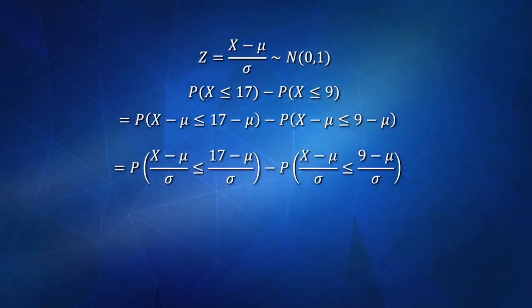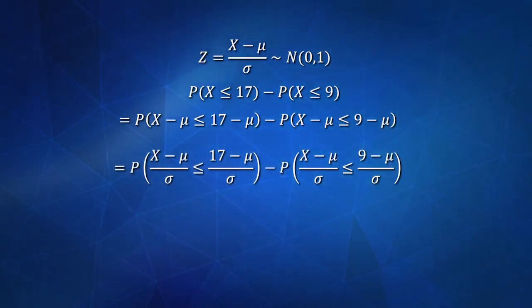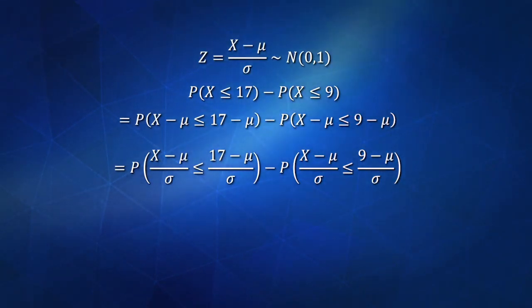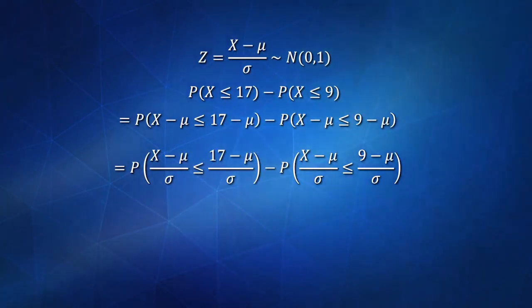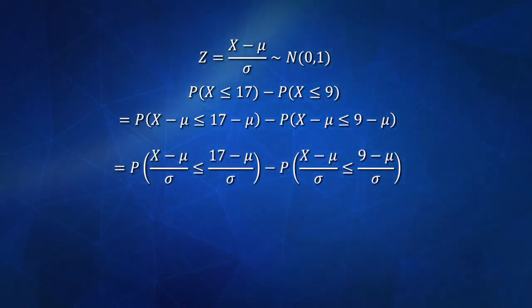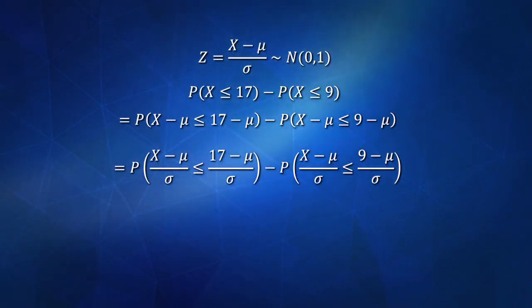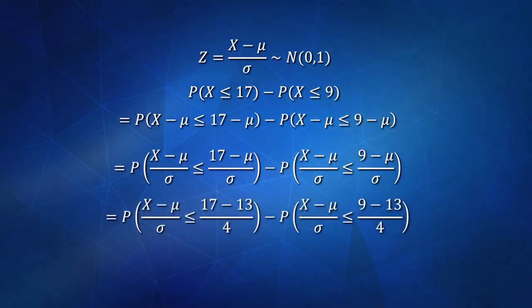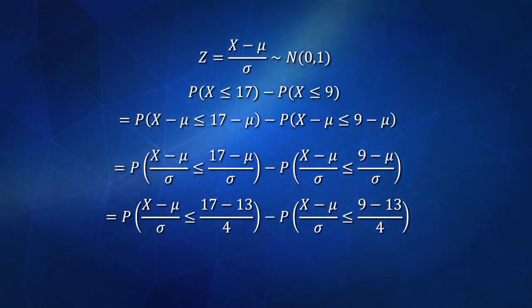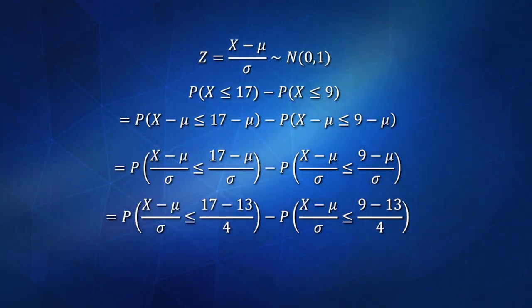When we do that, we get the probability that x minus its mean over sigma is less than or equal to 17 minus the mean over sigma. And we subtract from that the probability that x minus its mean over sigma is less than or equal to 9 minus the mean over sigma. Now, go in and plug in those values, right? We've got 13 and 4 that we can plug in immediately for the mean mu and the sigma equal to 4.